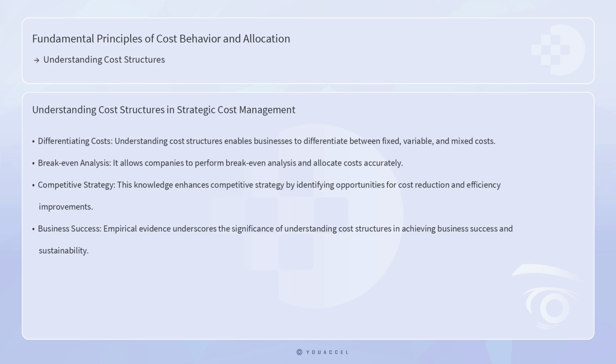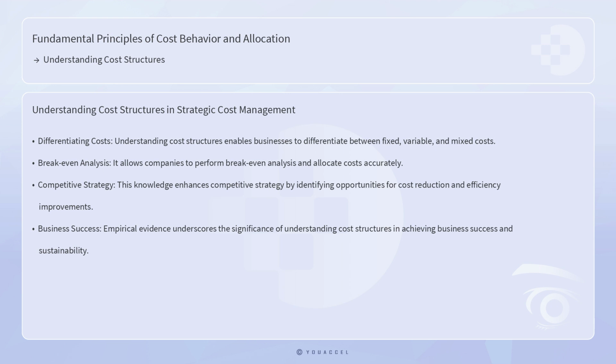In conclusion, understanding cost structures is indispensable for strategic cost management. It enables businesses to differentiate between fixed, variable, and mixed costs, perform break-even analysis, and allocate costs accurately. This knowledge not only supports internal management and decision-making, but also enhances competitive strategy by identifying opportunities for cost reduction and efficiency improvements.